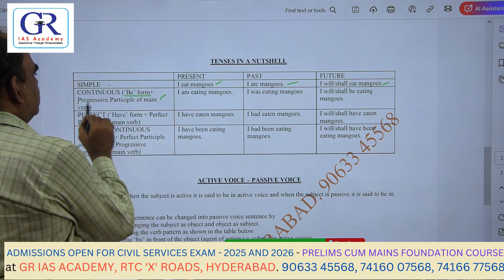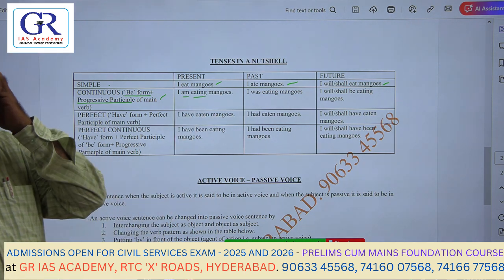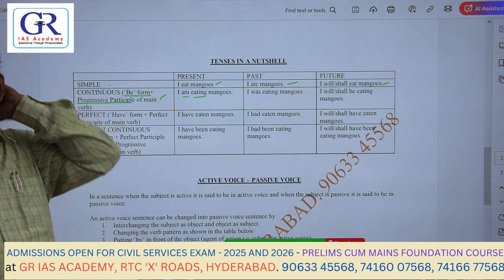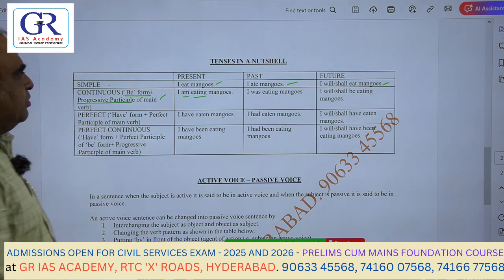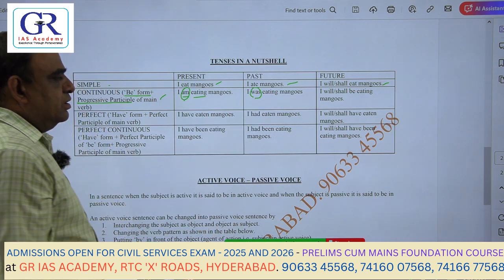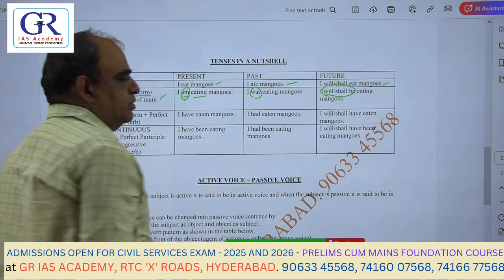So be form plus progressive participle. Am is a be form. Eating is a progressive participle, continuous participle. Okay. Similarly, if you change the tense of the be form, it becomes past. If you change it into future, it will become future continuous.